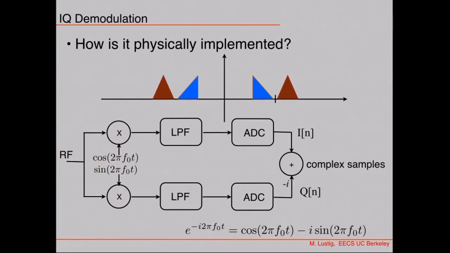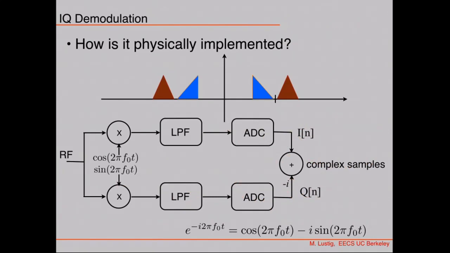Then I perform low-pass filtering, then analog to digital converter, and then I'm going to call the signal that comes from here the in-phase signal, or I, and the signal that comes from here the quadrature, or the Q. Then I'm going to multiply the Q by a complex number j, and add the in-phase to it, and I would get effectively complex samples. So this is physical, and this is all digital over here, so I can do whatever I want, right?